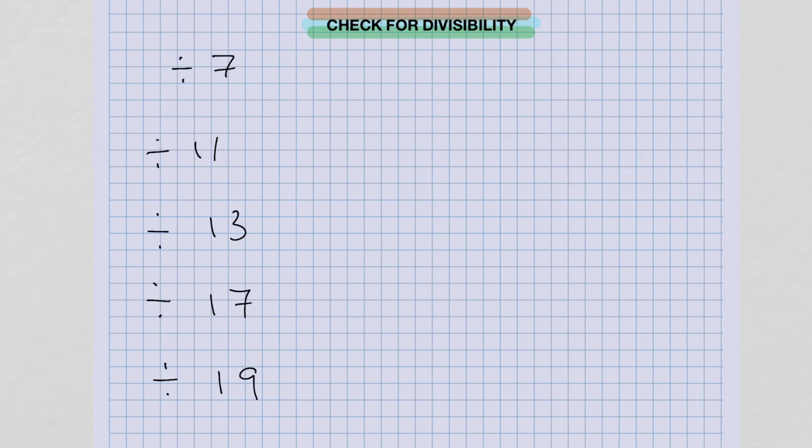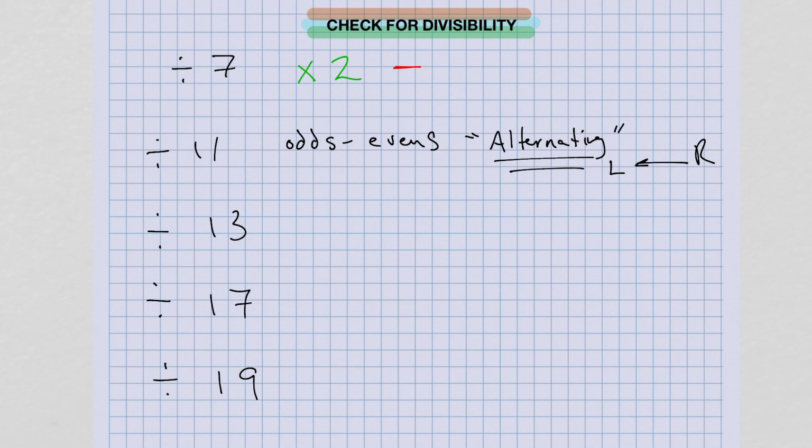Okay, so here's kind of the key. When you're doing divisible by 7, you want to multiply it by 2 and then subtract. When you're doing by 11, you want to do odds minus evens alternating, starting from right and then going to the left. Right to left, alternating.